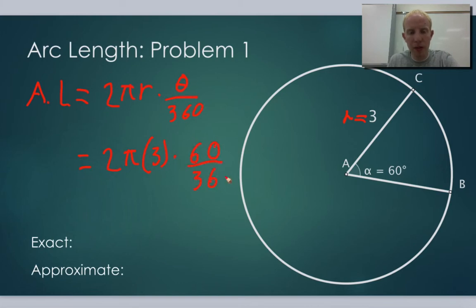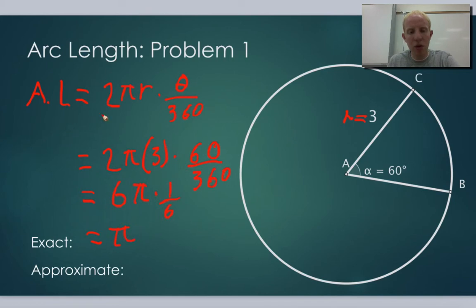If we simplify that out, we're going to times that 3 by the 2, which gives us 6 pi. And then if you simplify this fraction right here, 60 over 360 is the same as 1/6. So 1/6 times 6 is going to give us our exact answer for the arc length, which is pi.